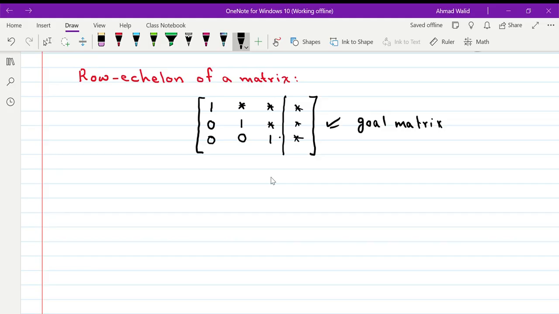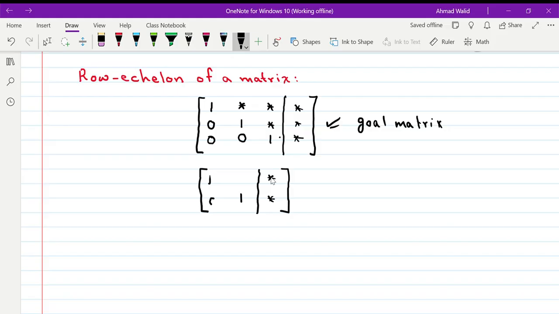Or if I draw a 2 by 2 for you, correct? This is my vertical bar. Here I have ones on the main diagonal, these two.